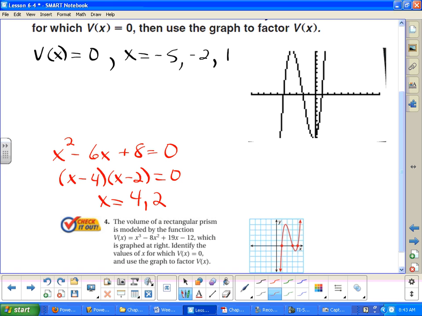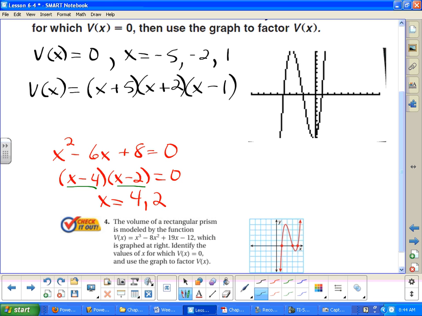So notice, these two zeros I have, 4 and 2, are positive. When I write it in factored form, they are negative. They're the opposites. So if this gives me zeros of negative 5, negative 2, and 1, then I can say that v of x equals x plus 5, x plus 2, and x minus 1.